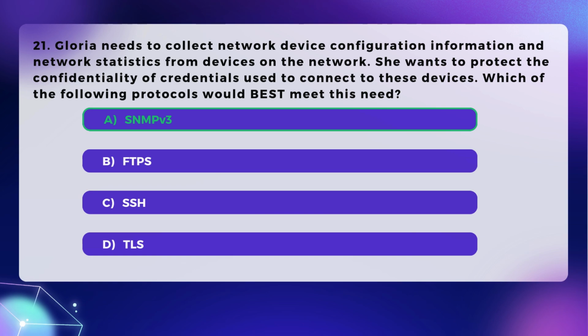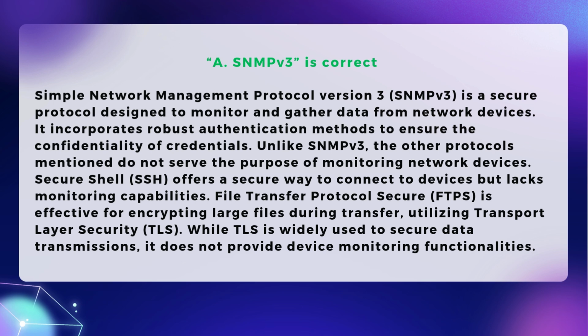Simple Network Management Protocol version 3. SNMPv3 is a secure protocol designed to monitor and gather data from network devices. It incorporates robust authentication methods to ensure the confidentiality of credentials. Unlike SNMPv3, the other protocols mentioned do not serve the purpose of monitoring network devices.